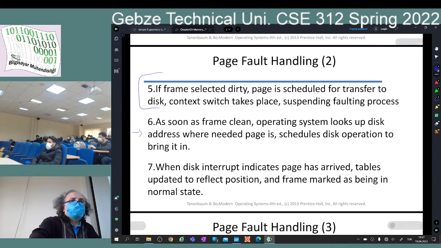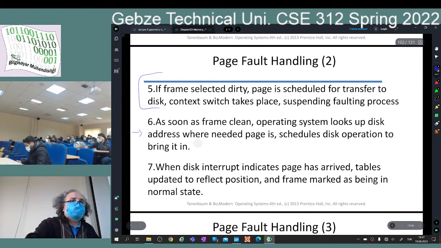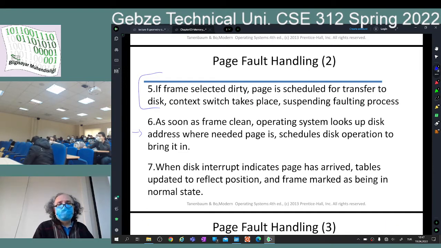There are ways of avoiding this step number 5 with demand paging. But if the page that I am going to load is not available in my memory, then I will unfortunately have to wait until that page is available.